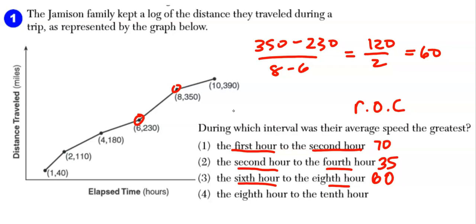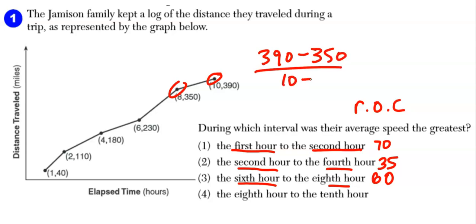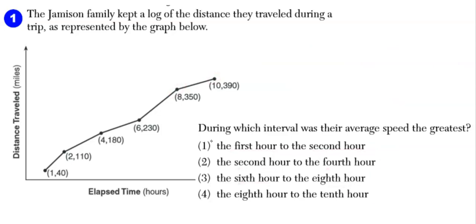And then the last one is from the 8th hour to the 10th hour. And that would give us 390 minus 350 over 10 minus 8, which is 40 over 2, which is only a speed of 20. So it looks like for us, the greatest average speed was between the first and second hour at 70 miles per hour.